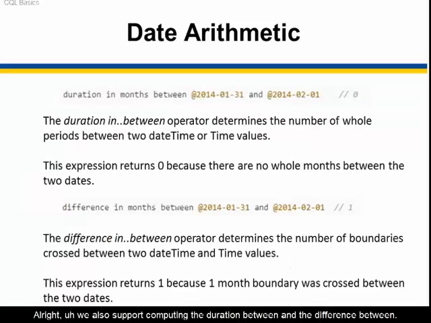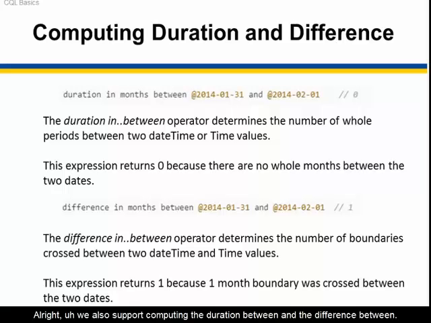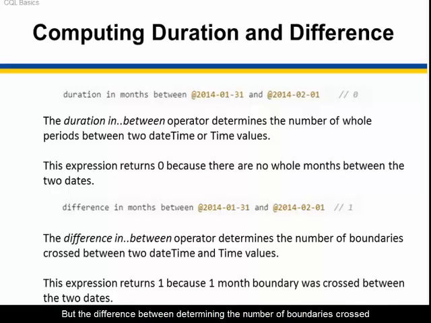All right, we also support computing the duration between and the difference between. The duration between returns the number of whole periods between two datetime or time values. So the number of whole months between those two is 0, because there isn't enough time for there to be an actual month there.